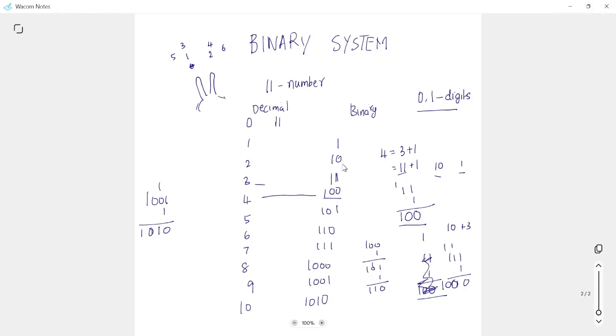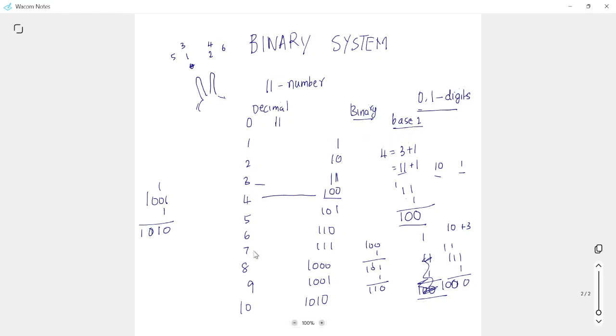So let me go through this once again so that you're very clear on this. In the case of the binary system, you have only 2 digits. You have to use the digit 0 or the digit 1. And the binary system is what we call base 2. Just like the decimal system is base 10, the binary system is base 2.